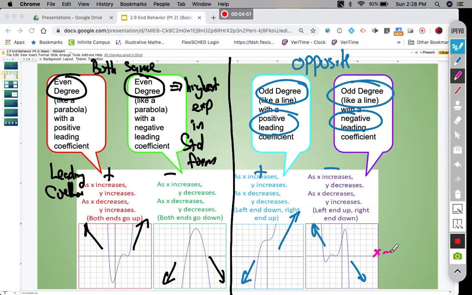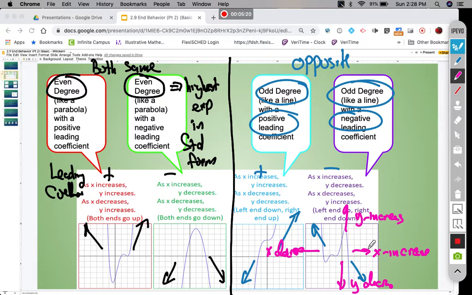Here, x is increasing when we're going in this direction. When we're going in this way, x is decreasing. The x-axis goes left and right. Y goes up and down. So if it's going up, y increases. If it goes down, y decreases.